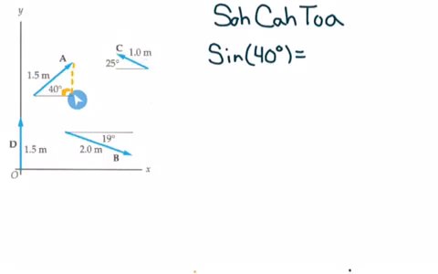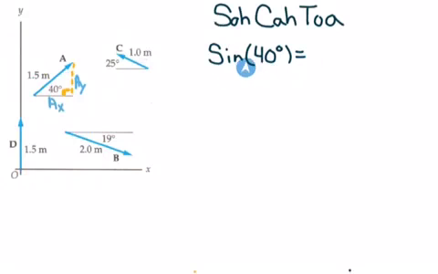Keep in mind that this side of my triangle is vertical like my y-axis, so that is my y component of A. Likewise, the other side of this triangle is horizontal like my x-axis, so that is my x component of A. So AX and AY.